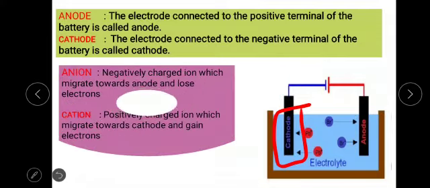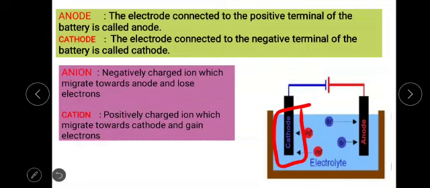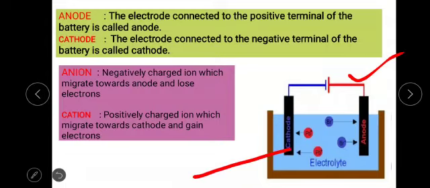Let us see the other two definitions given on this page, that is anion and cation. Anions are the ions which are moving towards the anode. एनोड की तरफ जाने वाला आयन्स को हम लोग आयन्स कहते हैं.